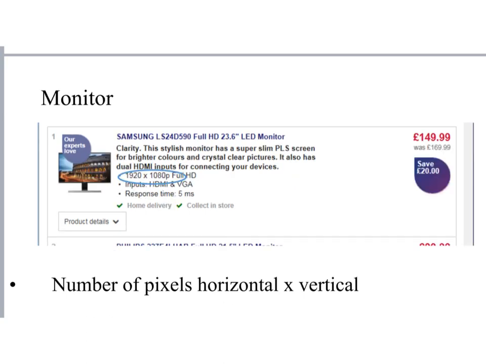When it comes to a monitor, the resolution is measured in the number of pixels horizontally by the number of pixels vertically. In this example, we have 1920 pixels going across the screen horizontally by 1080 pixels going up and down the way, so vertically.